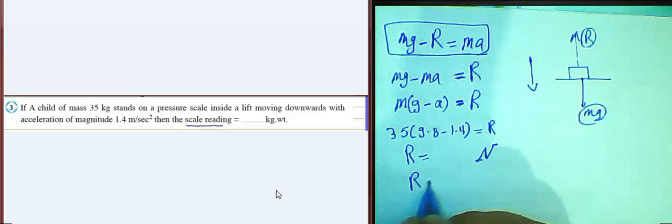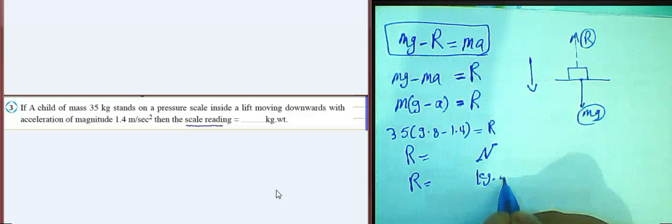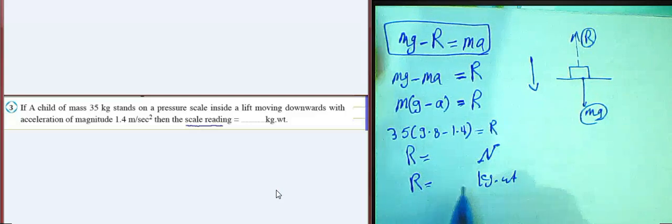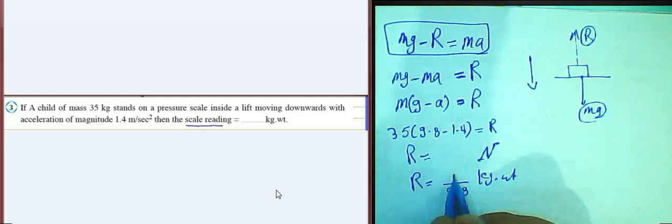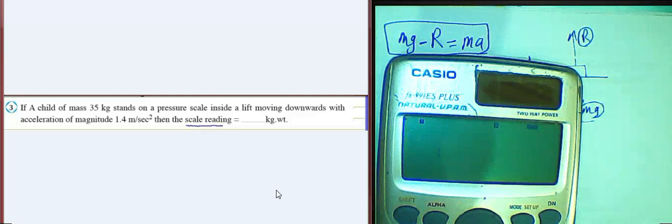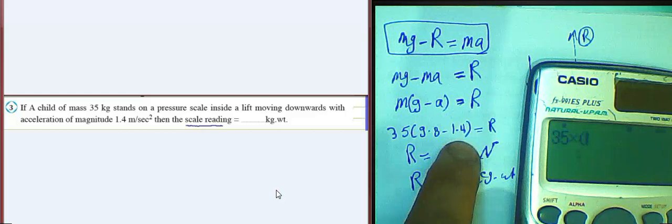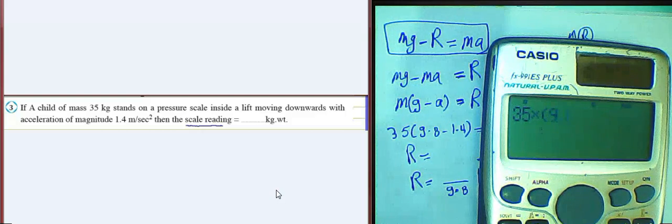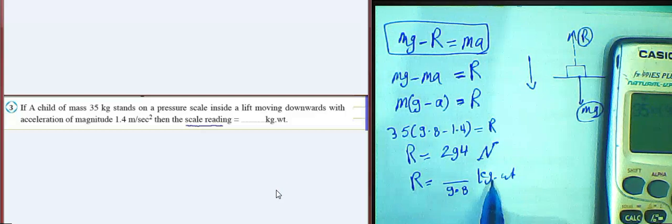You want to find the result by kilogram weight. We can divide it by 9.8 to convert from Newton to kilogram weight. You can use a calculator to find the results. 35 multiplied by 9.8 subtract 1.4, the result is 294 Newton, but you want to find the result by kilogram weight.